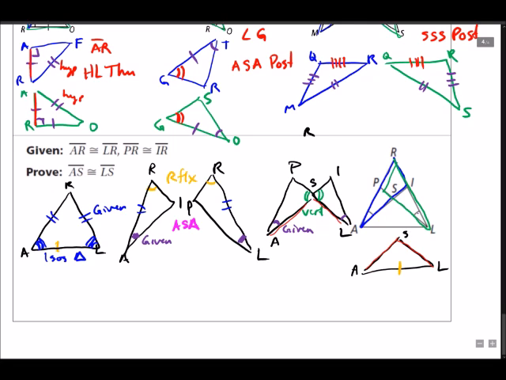Does that help us with anybody else? It's not going to help us with our bow tie. It's not going to help us with this single triangle here. Well, we can make the triangles congruent, but it doesn't do anything for us. So what are we going to have?